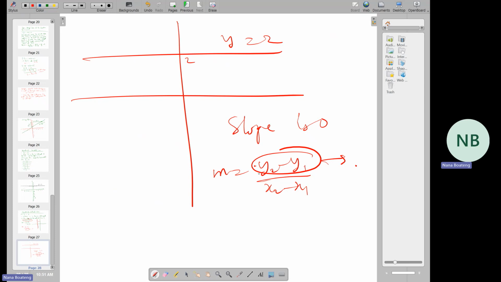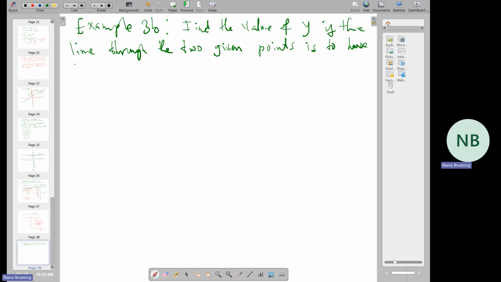It says find the value of y. Find the value of y if the line through the two given points is to have the indicated slope.